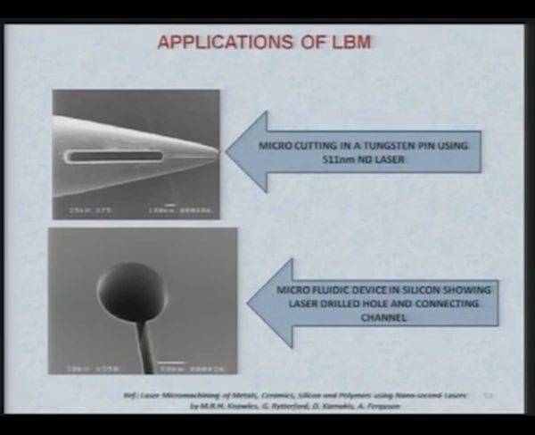Here you can see the laser drilled hole and this is the connecting channel, and you can see the scale over here for 50 micrometer, and you can imagine the size of this hole and the connecting channel. Connecting channel is smaller than 50 micrometer as is clearly visible from there, and the references are given over here.